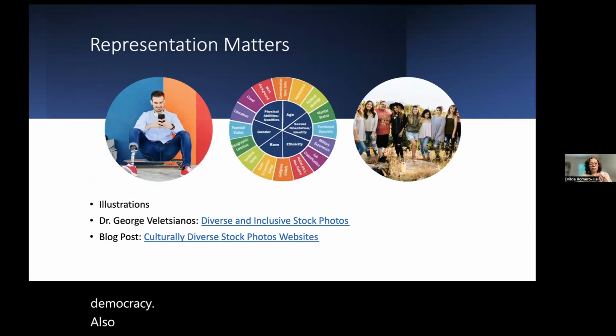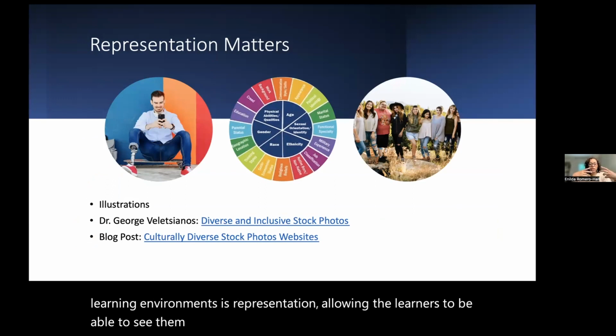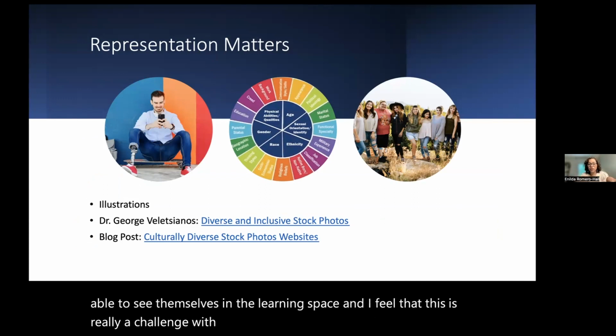Also, something else that's really important in terms of online learning environments is representation, allowing the learners to be able to see themselves in the learning space. And I feel that this is really a challenge with learning environments.